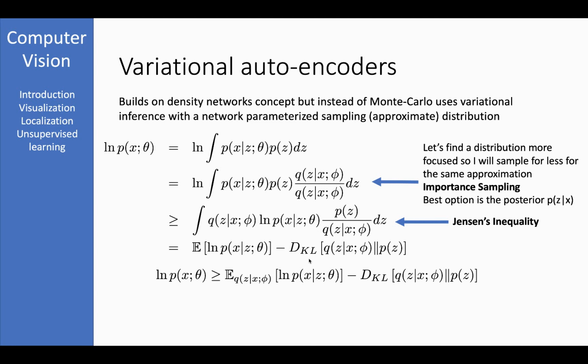This is what's called the evidence lower bound. As I said, computing the log likelihood of a sample is impossible, but computing its lower bound is possible. So instead of maximizing this, you can simply maximize the lower bound. And if you maximize it enough, hopefully at some point, its upper limit will also go up.